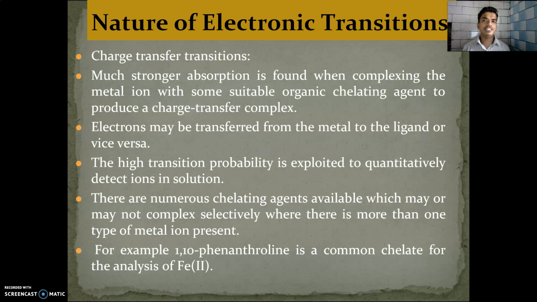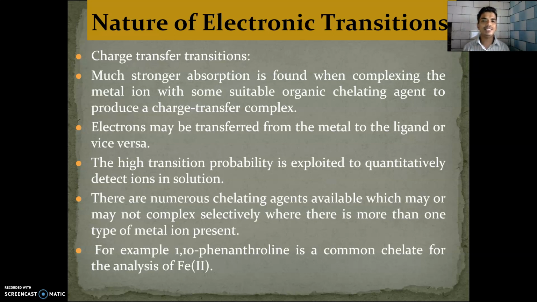Then the charge transfer transition. In some cases the charge transfer is expressed as a transition. Much stronger absorption is found in complex metal ions with suitable organic chelating agents. So chelating agents are responsible for strong absorption of radiation and produce a charge transfer complex. Electrons may be transferred from metal to ligand, or vice versa, because it forms chelates.